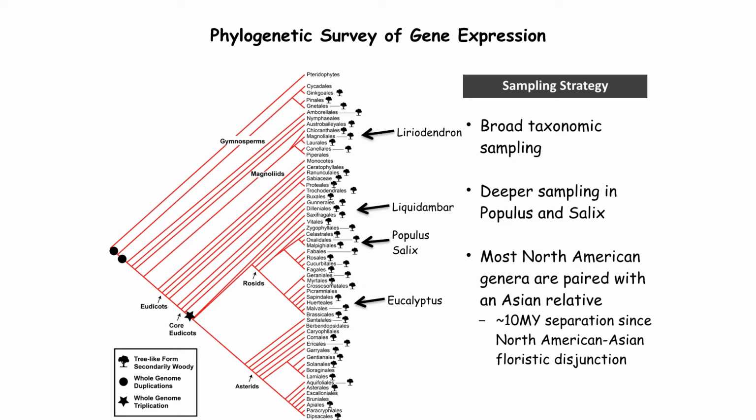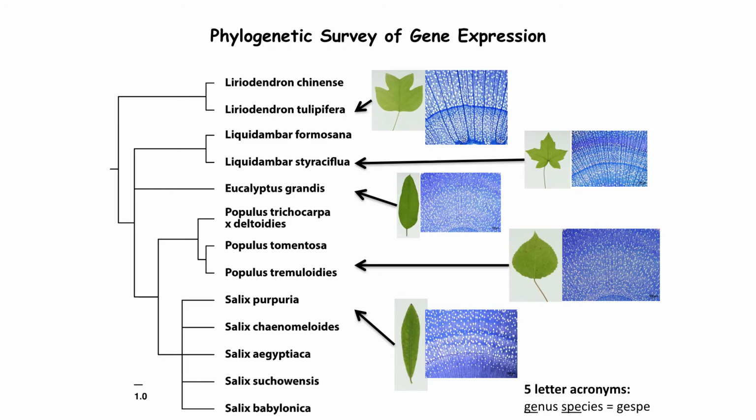different phylogenetic distances. But another unique part of this project was that we included both North American as well as Asian relatives from the North American Asian floristic disjunction. So these are the actual species here.